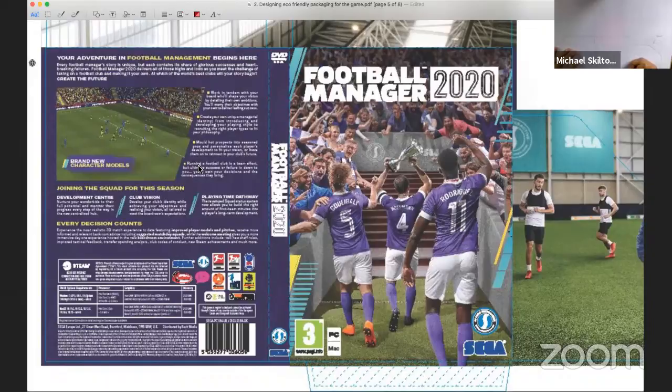I'm just going to write Sega, and I'd recommend, guys, you do the same for yours. Write Sega in the bottom corner of your design, because although it's our game idea and design, it's Sega that's our publisher. Sega that's paying us the money to get all of these things done.